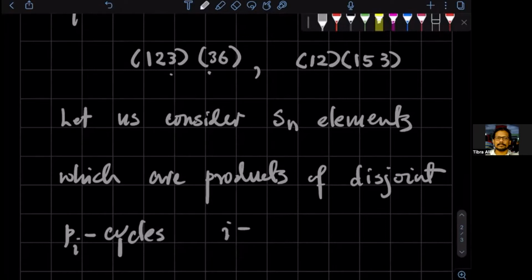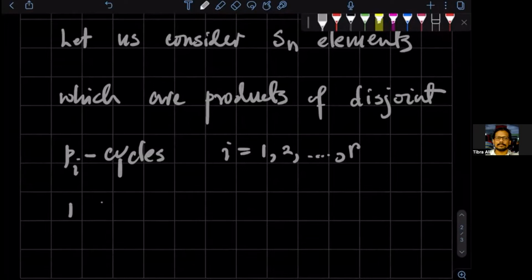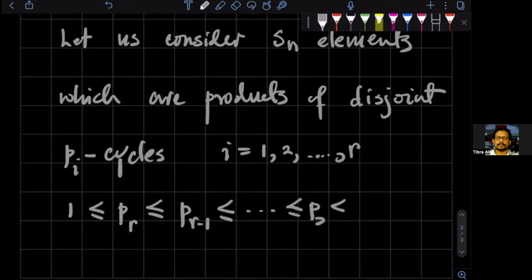For i, say, 1, it could be a 1 cycle, it could be a 2 cycle, and so on, up to some positive integer r. And we order these cycles in the following way: P1 is the smallest one, and then P2, and so on up to Pr.